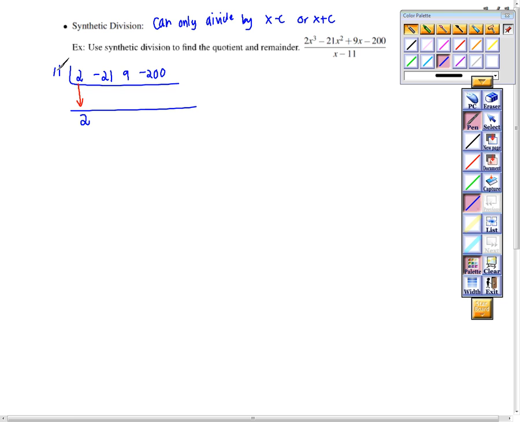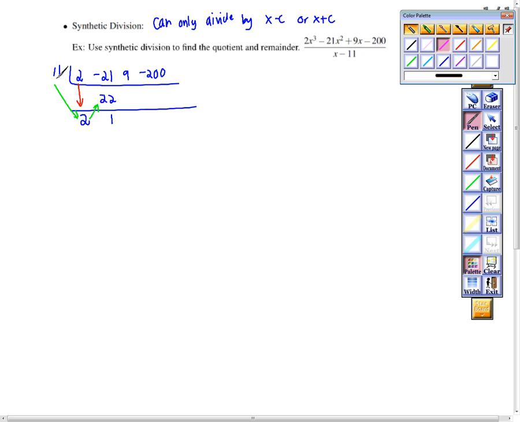So then we have 11 times 2. That's 22. You see what I did there? Multiplied 11 times 2, and I put it right there. Then we are going to combine these. So add these up. You get negative 21 plus 22, which is a positive 1.